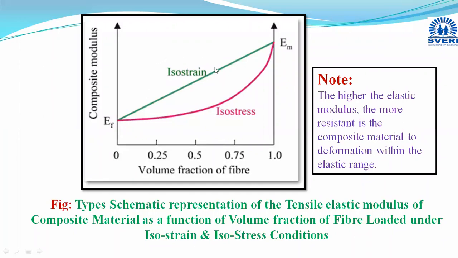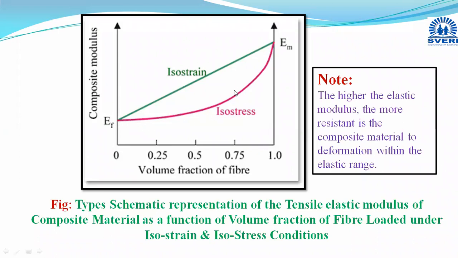Depending on isostrain condition and isostress condition, these two curves I have highlighted here with different colors. In isostrain, the rate of increase is constant. You are getting a straight inclined line, and here one curved line for isostress.